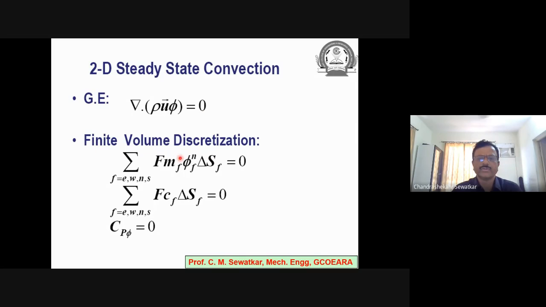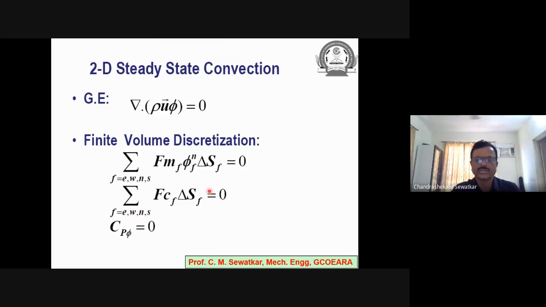And the finite volume discretization of this quantity is summation over east, west, north, south faces of mass flux F phi f, normal delta S f, that is equal to 0. This quantity is nothing but my convection flux, and if I multiply it by area, I get total convection. So C phi is equal to 0 is the governing equation.